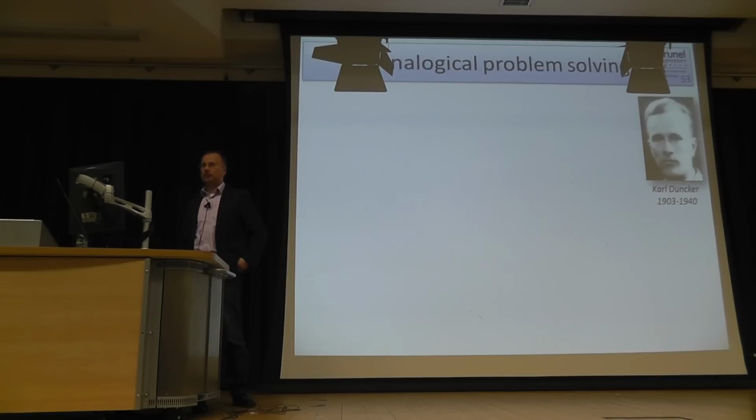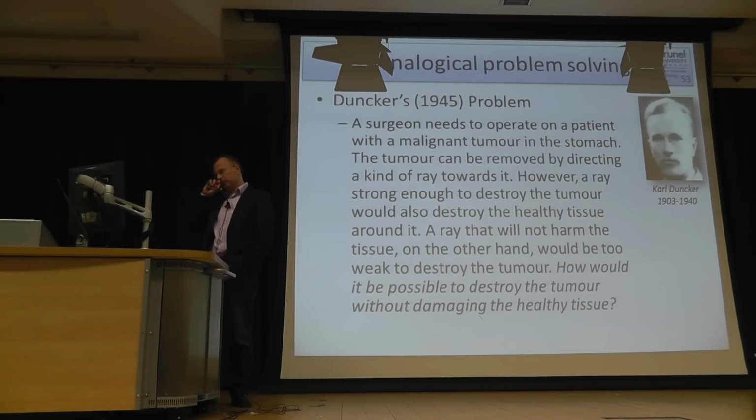Okay. Consider another example posed by Karl Duncker again. He had the following problem, which is actually a real-life problem. Suppose you have a tumor and you need to treat that tumor. You can't operate. However, you can direct a ray towards it. How is it called in English? I don't know, radiation therapy or something.